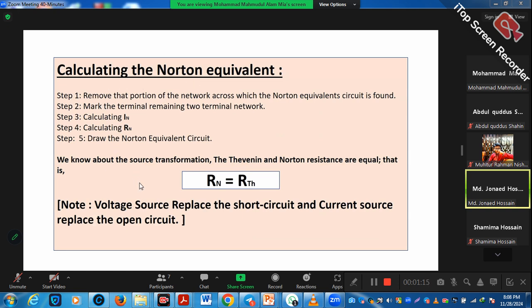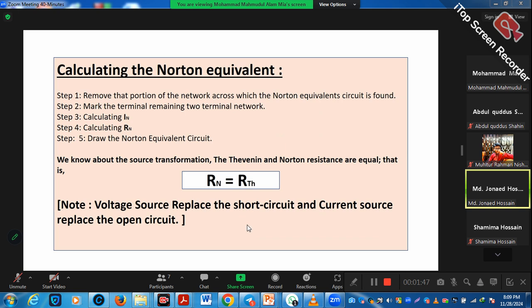Next slide. Calculating the Norton equivalent. How will I calculate it? I will follow some steps. The first step is to remove the portion of the network across which the Norton equivalent circuit is found. Step 2, mark the terminals of the remaining two-terminal network, calculate IN, calculate RN, and then show the Norton equivalent circuit.